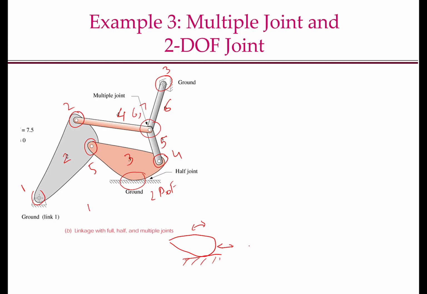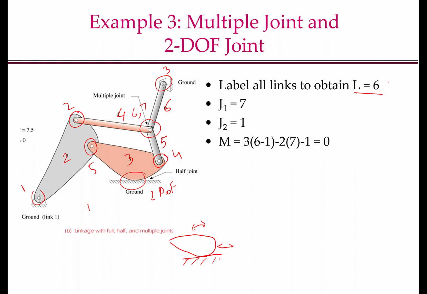So there are 2 degrees of freedom. That's why this joint here is a 2 degree of freedom joint. So just to write it all out, L equal to 6, J1 equal to 7, J2 equal to 1, and we put it in Gruebler's equation, and we see that the degrees of freedom is equal to 0.